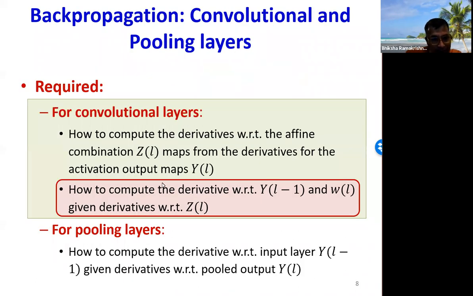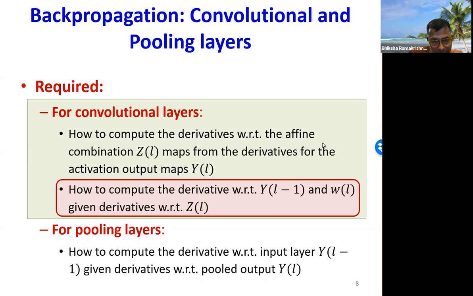Now, given the affine derivative maps, we need to figure out how to compute the derivatives with respect to the activation maps of the previous layer, and also the derivatives with respect to the filters that computed the current affine maps from the previous layer activation maps.